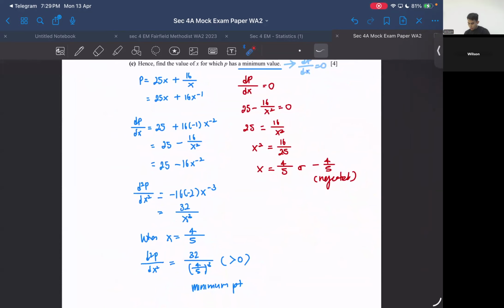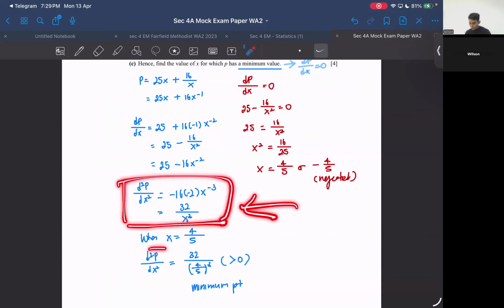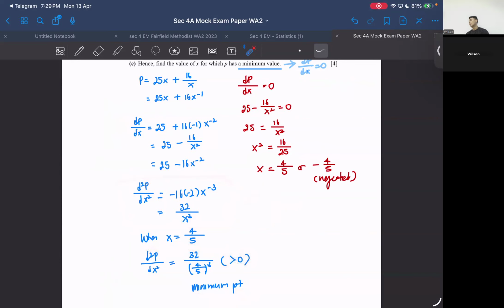That means you have to find the second derivative of your P over here. Then you sub when x equals 4/5. You want to make sure that this one is greater than 0. So you can safely say that this is a minimum point or minimum value.